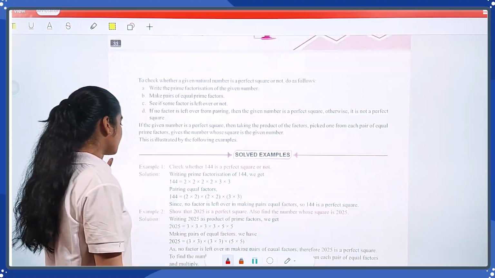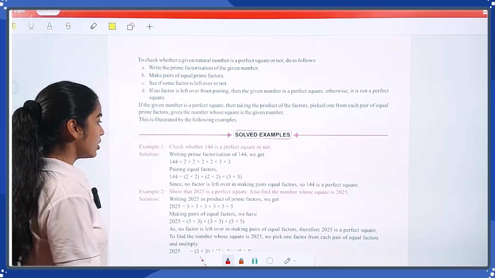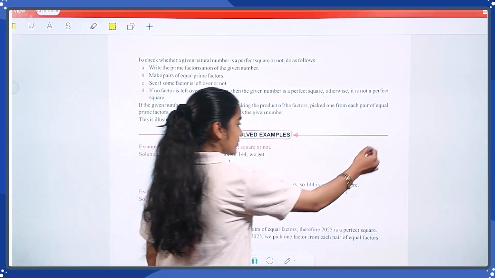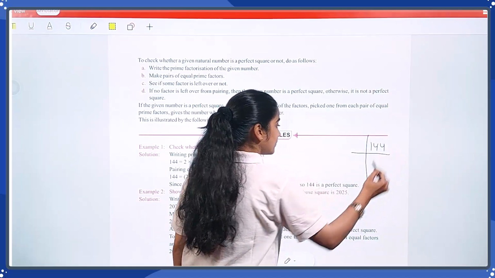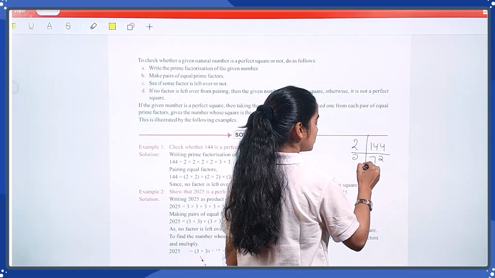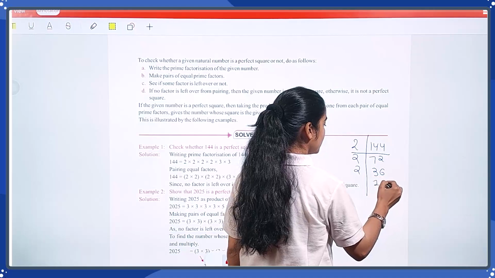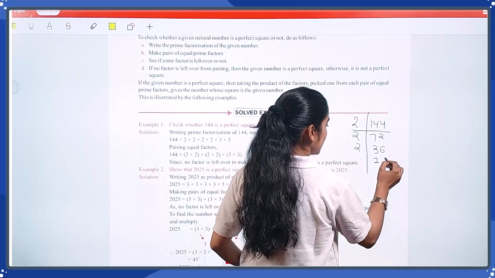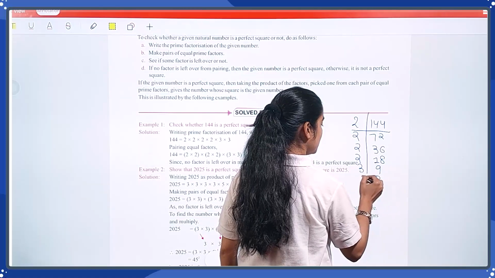Next, check whether 144 is a perfect square or not. First we take the prime factorization of 144. 144 divided by 2 is 72, 72 divided by 2 is 36, 36 divided by 2 is 18, 18 divided by 2 is 9, and 9 is 3 times 3.